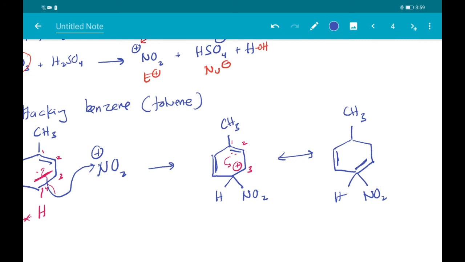Okay, I'm sorry, it's supposed to be, since number 1 and number 2 will transfer to number 2 and number 3. So what will happen is, number 1 has lost its electron, so it will become more positive. So the positive charge has been transferred to the first carbon.